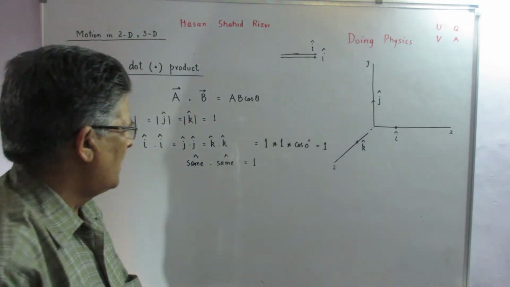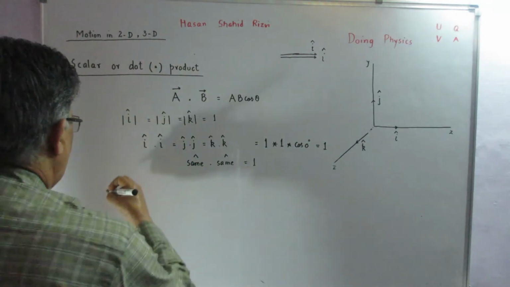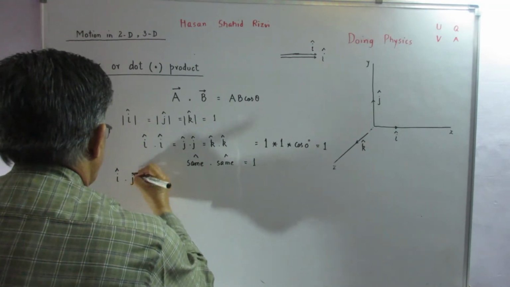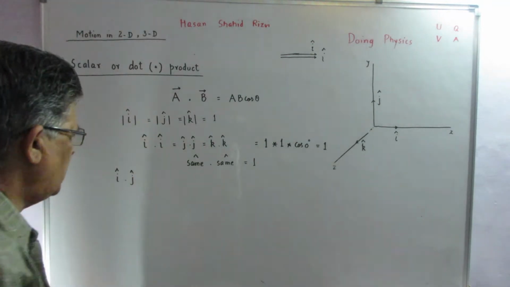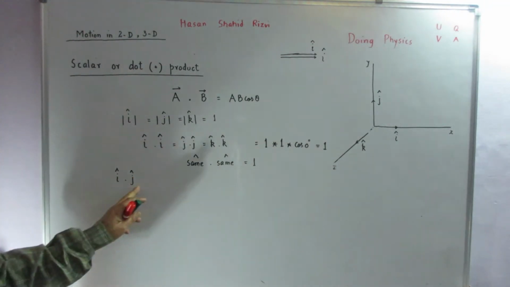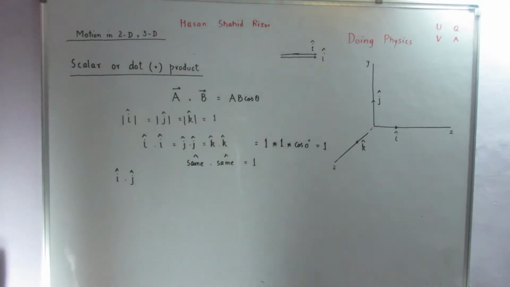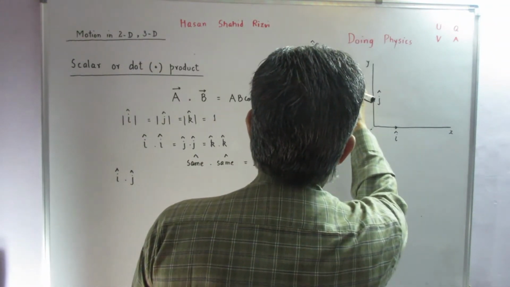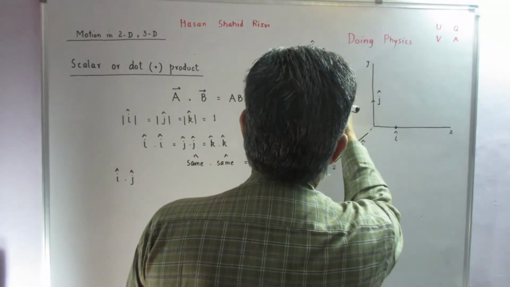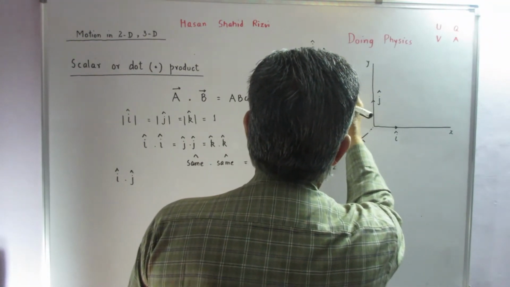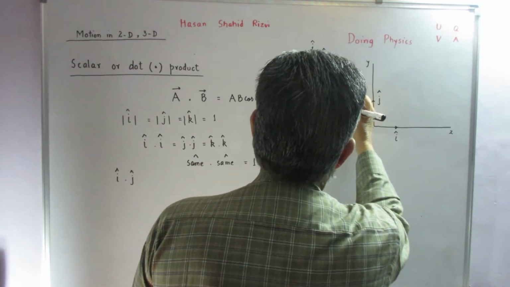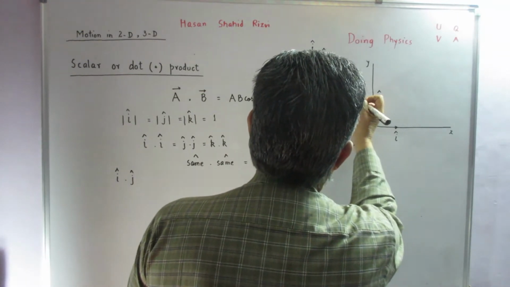But if I say, what is the value of i dot j? What is the angle between i and j? The angle between i and j is 90 degrees. And cos of 0 is equal to 1, and cos of 90 degrees, which is equal to cos of pi by 2, the same value written in radians, is equal to 0.